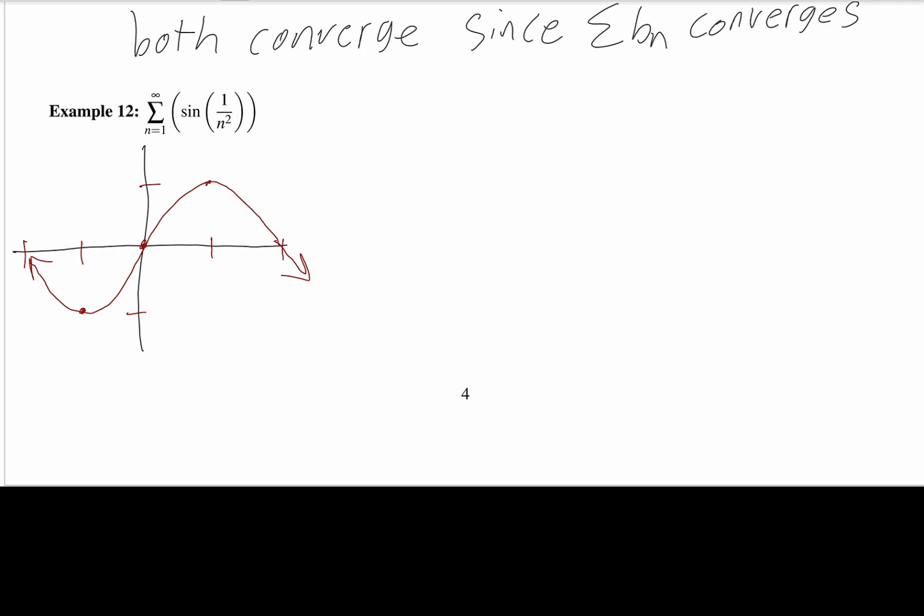Okay. I'm going to try this one more time. Alright. There's our sine of n function. Right, I'm not looking at sine of 1 over n squared. Actually, I'm going to call this sine of x.